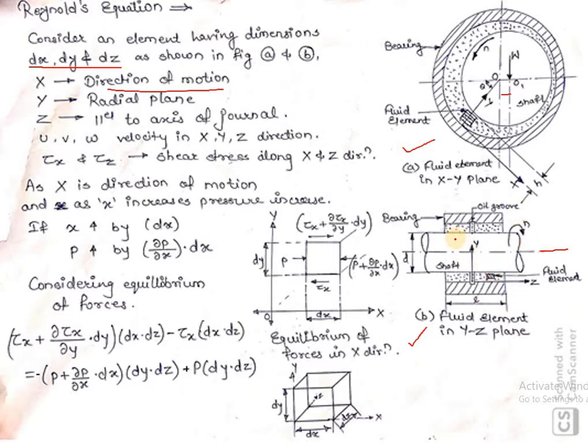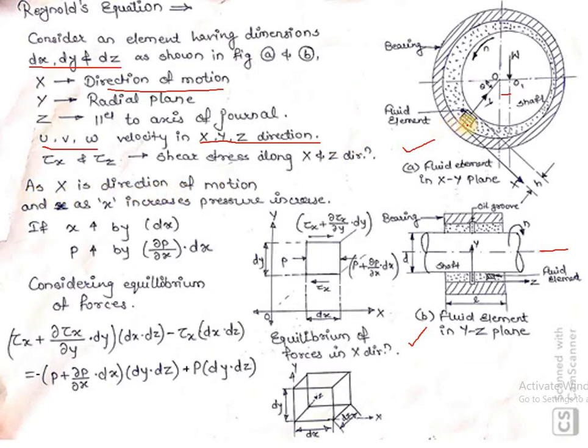Next, u, v, w are the velocities in the x, y, z directions respectively. Tau x and tau z are the shear stresses along the x and z directions.